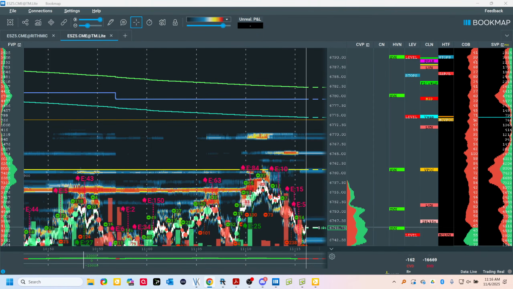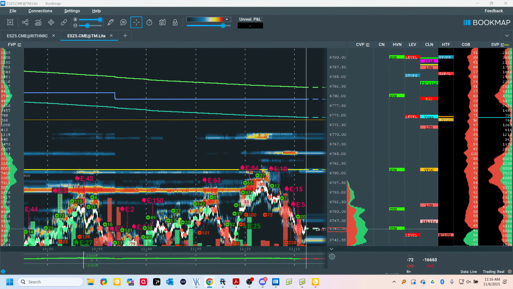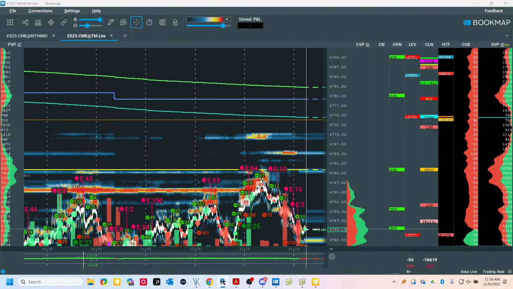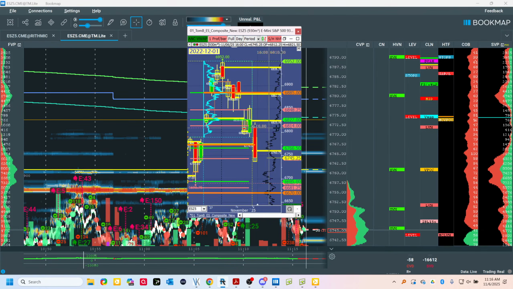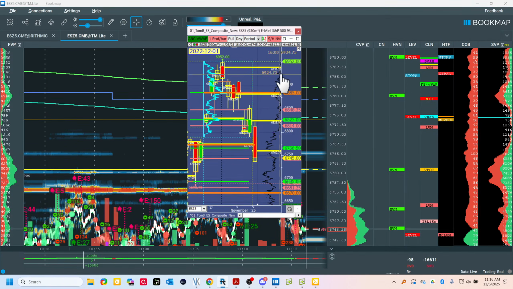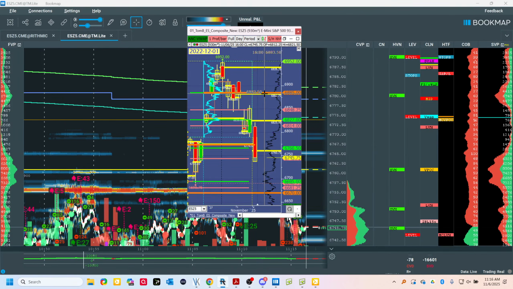Where did the 4375 come from? That's an intermediate time frame called a micro composite. It's there. If you look at how this tends to work, these are high volume areas, and this is a composite profile. This shows all the volume that's ever happened up here. There's the high volume there. Too high?